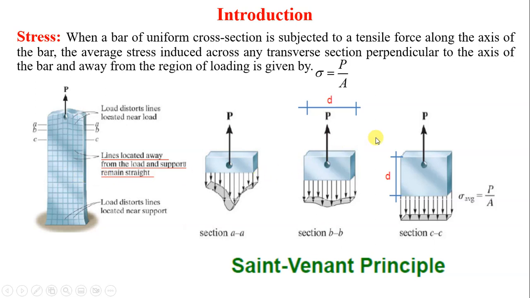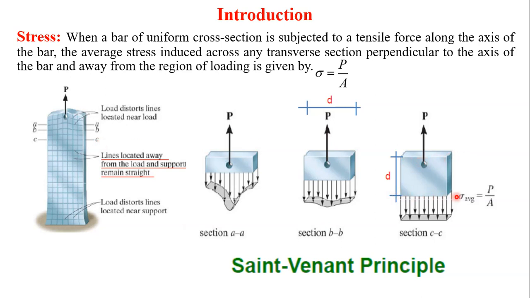Here these are the three figures, and these three figures show stress variation at different sections. This is the stress variation at section AA, this is the stress variation at section BB, and this is the stress variation at section CC, which is away from the point of application of the load.